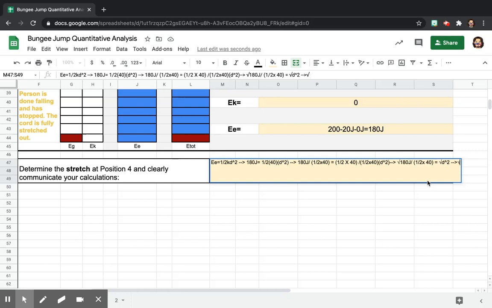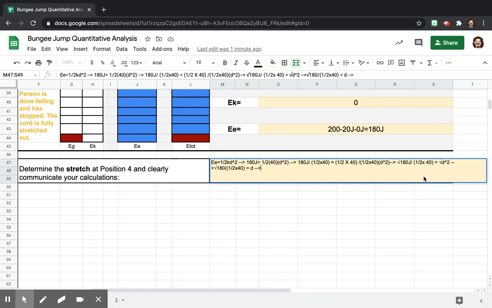So I'm left with square root of 180 divided by 1/2 times 40 equals d. Now I can solve for the distance. If I can type things in correctly, of course.